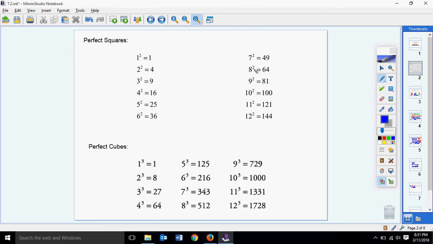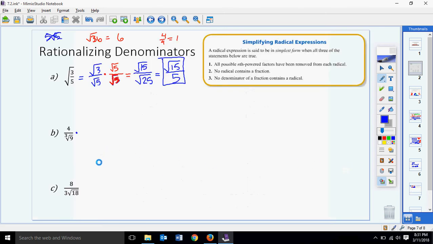So I'm going to multiply it by 3, but not just a regular 3, because that wouldn't help us at all. It's got to be the cube root of 3 so that I can multiply these numbers. If I multiply it in the bottom, I have to multiply it in the top. So in the top, I can't combine those, so it's just 4 times the cube root of 3.